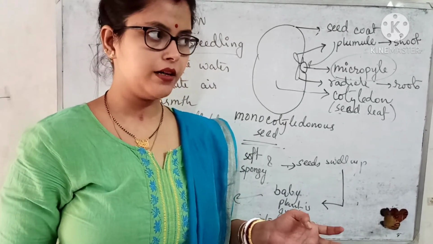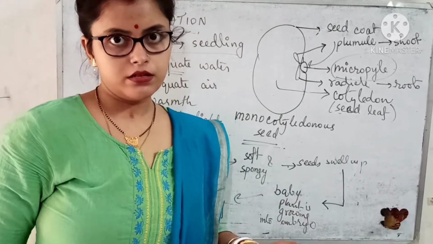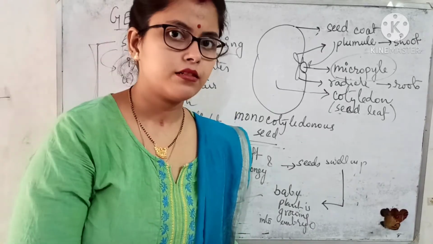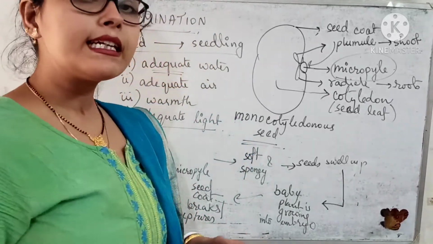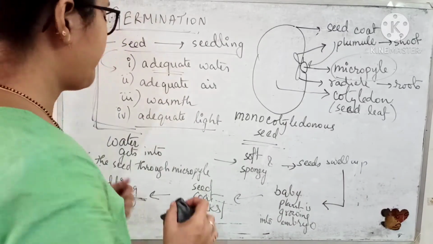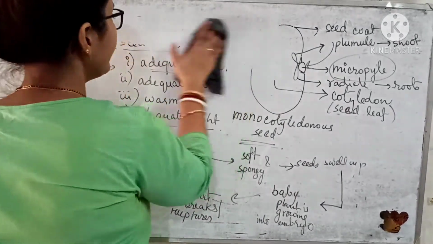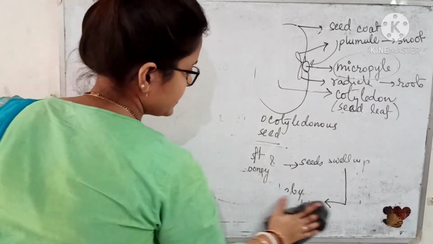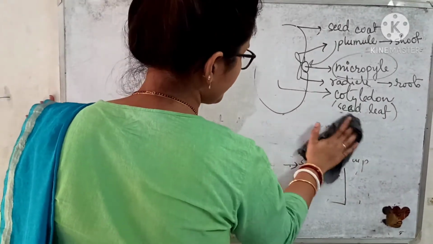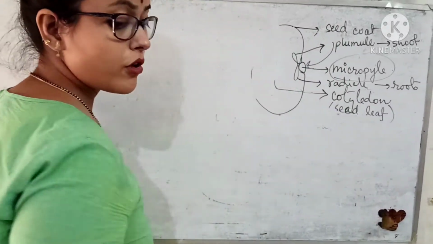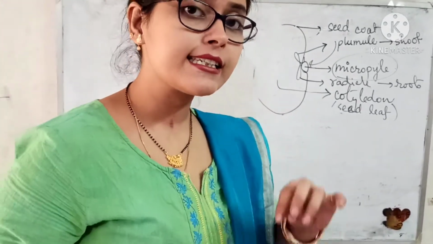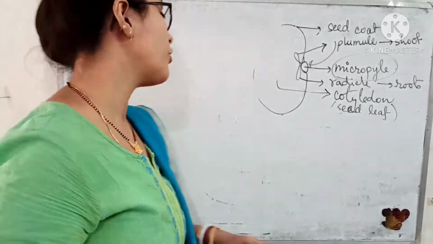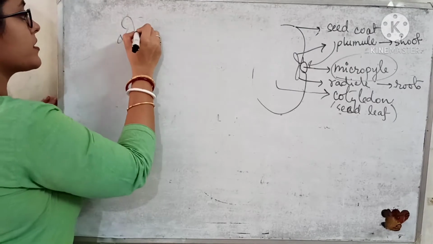If it is a land plant, that is, plants that grow on land, how will the seed land on the soil? The process by which seeds land on the soil is called dispersal.